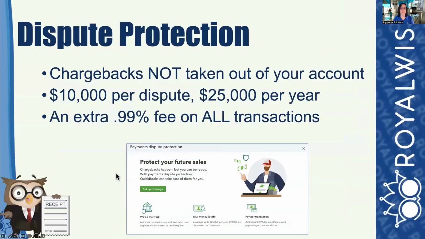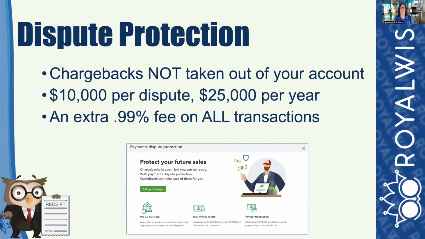The last section is about dispute protection. If you have chargebacks, the money can just be pulled right back out of your checking account, and then you have to open up a case with the Merchant Center. If you decide that you're in an environment where you don't want to have high risk of somebody pulling out a $20,000 payment, maybe you've already used the money, you can turn on dispute protection.